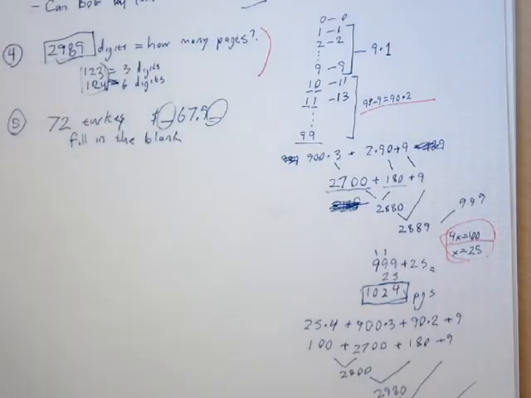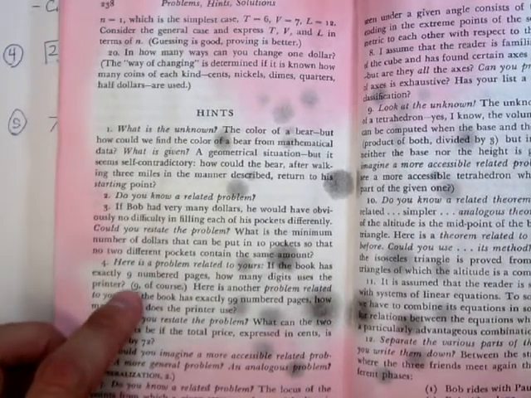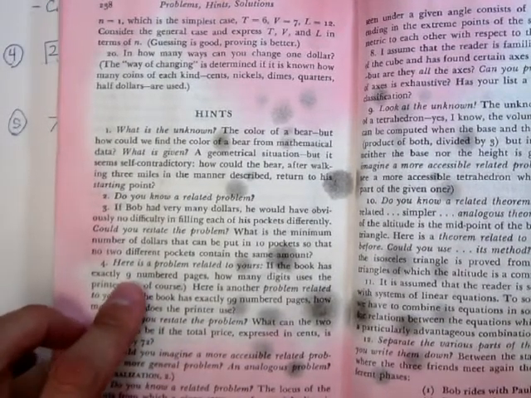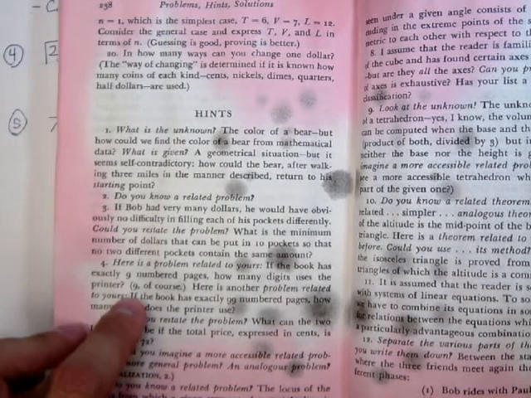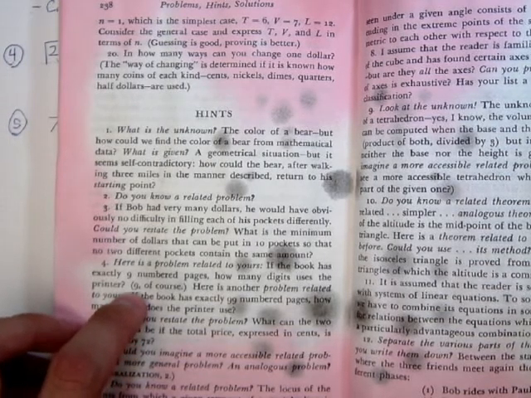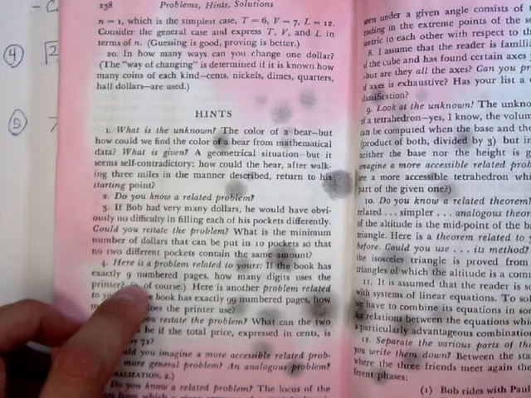This was problem number 4. Okay, so I can tell you that problem number 4, the hint is this. If you have exactly 9 pages, how many digits do you use? So that's a related problem. And we hit that problem, right? We did that.